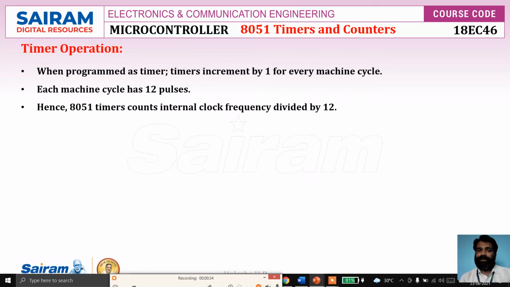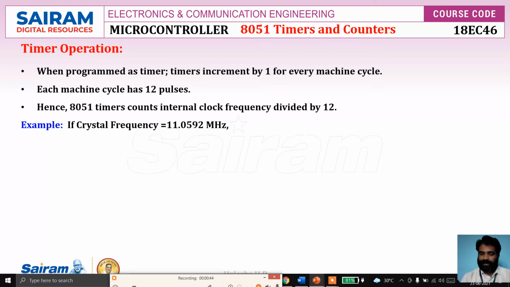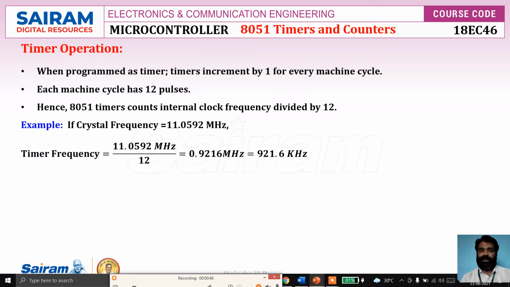Hence the 8051 timer counts the internal clock frequency divided by 12. For example, if the crystal frequency is 11.0592 megahertz and that is divided by 12, the timer frequency is 11.0592 megahertz divided by 12, which is equal to 921.6 kilohertz.